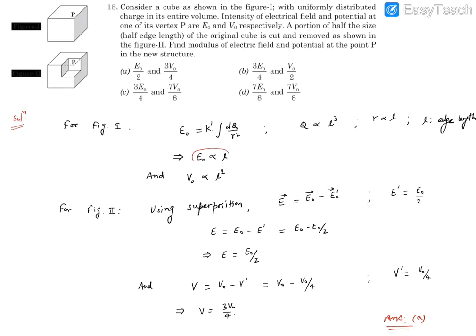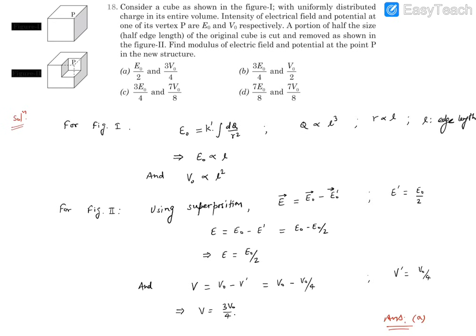That means if we change the edge length of this cube, the field will be directly proportional to the length. Now potential involves Q and R. Q is L cube, R is L, so the ratio is going to be L square. So potential at point P depends on edge square.